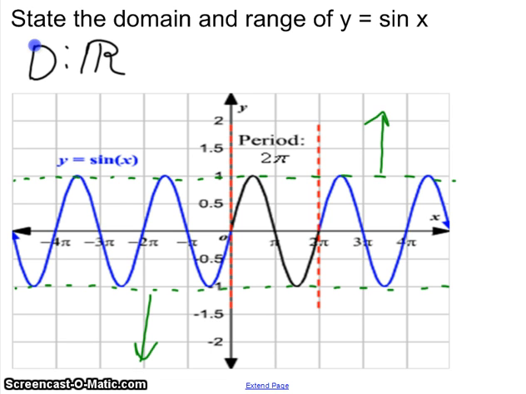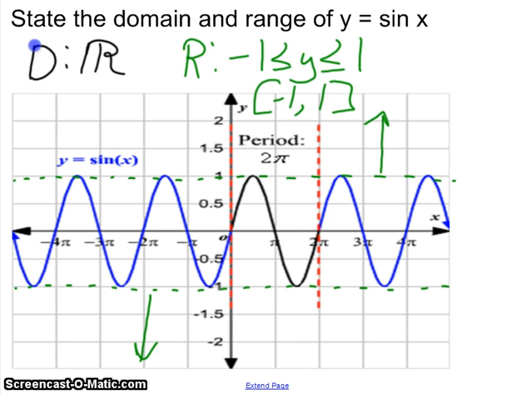The only y-coordinates that this graph touches are those between negative 1 and positive 1. So the range of sine is the interval between negative 1 and positive 1. There it is, written as an inequality. And here it is, written in interval notation.